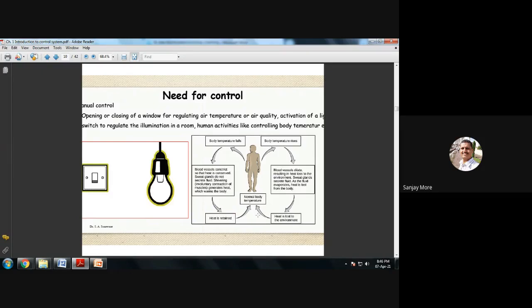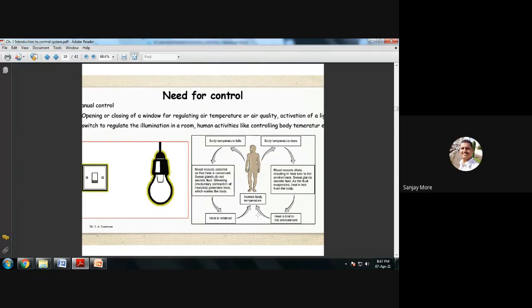So our blood vessels constrict so that the heat is conserved. Sweat glands do not secrete fluid, or shivering, means involuntary contraction of muscles, generates heat which warms the body. So warming the body means heat is retained.